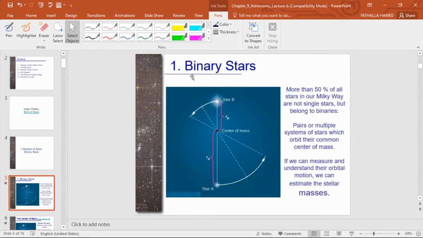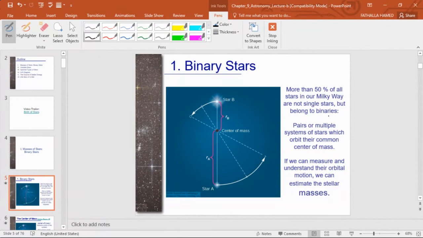You know the meaning of the word binary. Binary, that means 2. And we say here in the top of the slide, more than 50% of all stars in our Milky Way are not single stars.